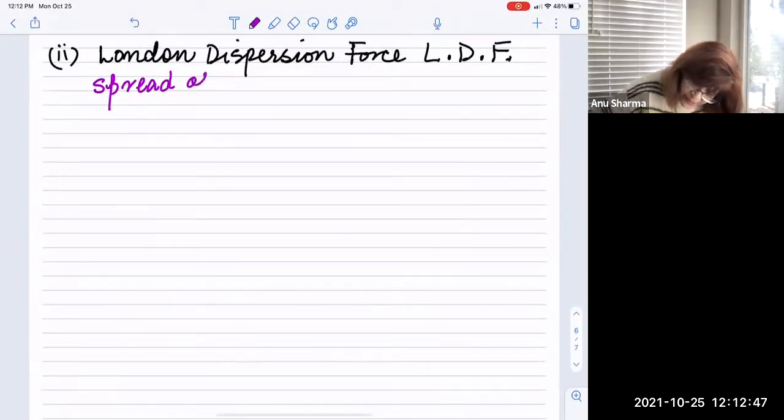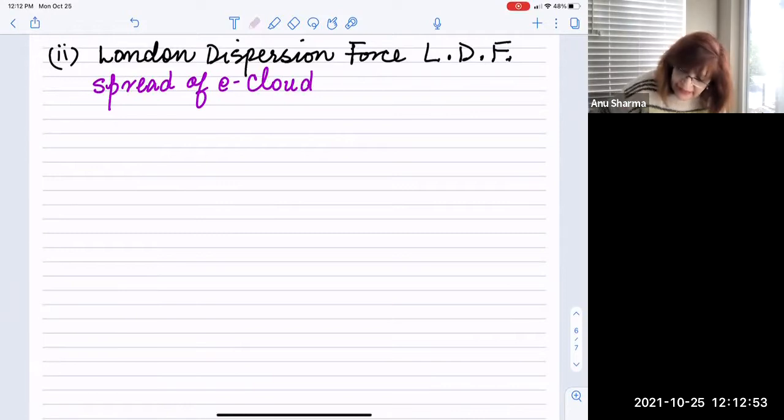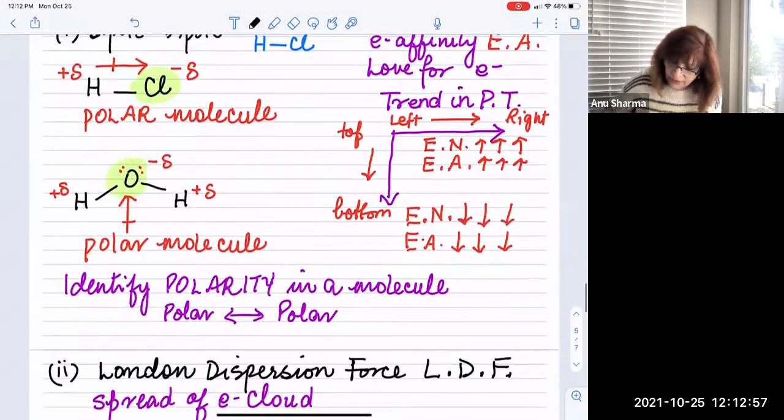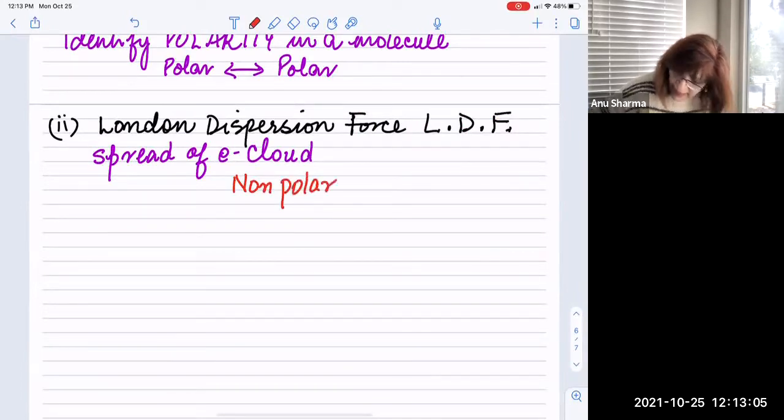In this case, here is a non-polar and non-polar. So non-polar and non-polar are going to mix.